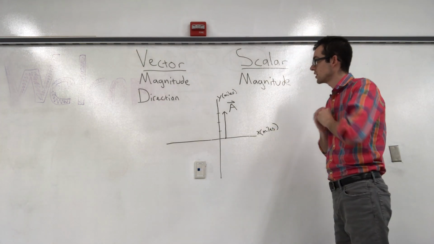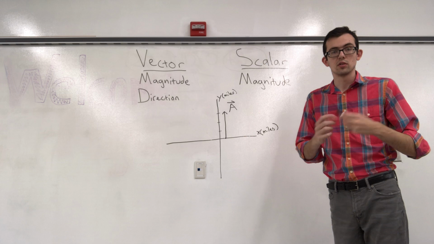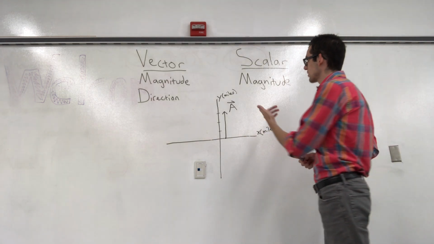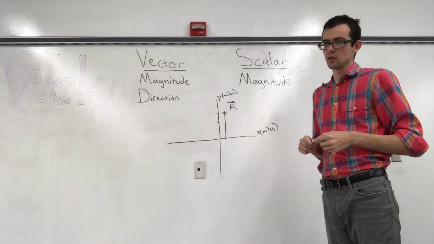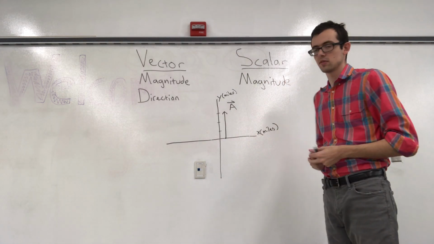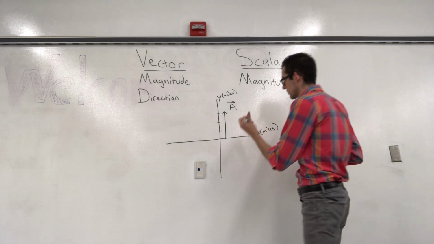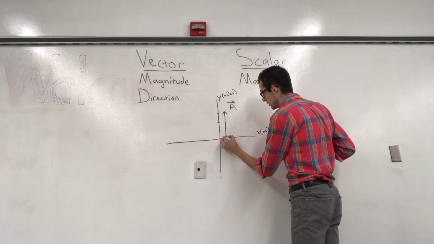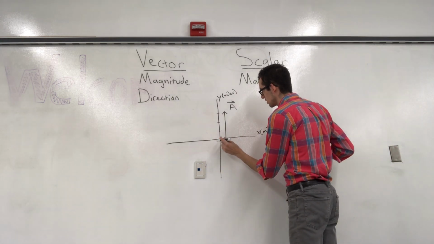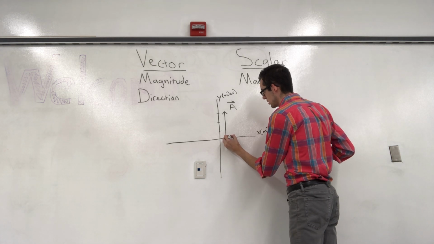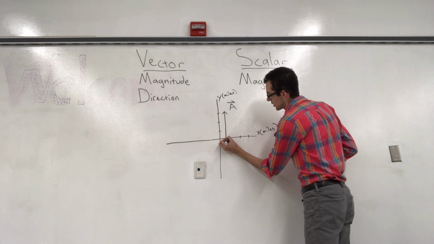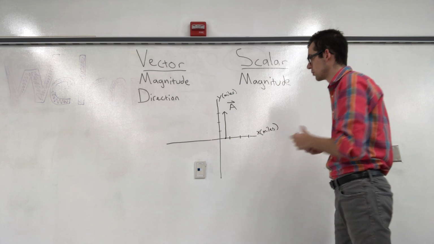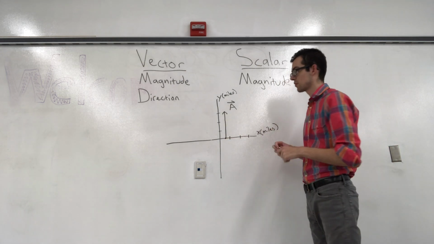So we're going to get into how to add two vectors together. So if I have this vector A that's going 3 miles north, and then I'm going to make a vector B. And we're just going to say this vector B is 2 miles east. So if I do a couple tick marks here. Okay, so if this was our starting point right here, we know that our vector A goes 3 miles north.